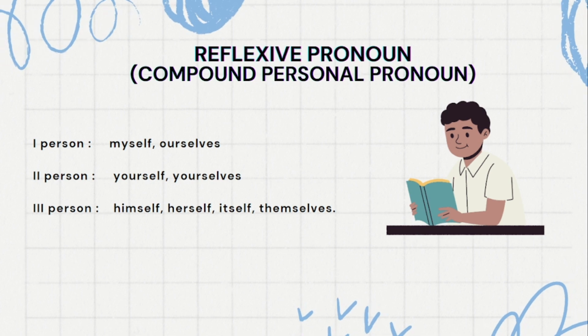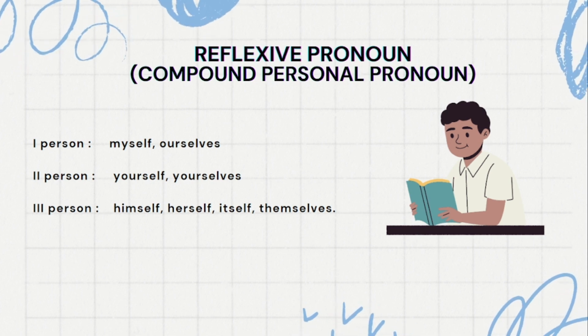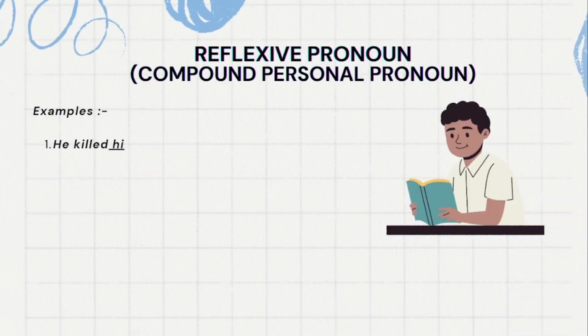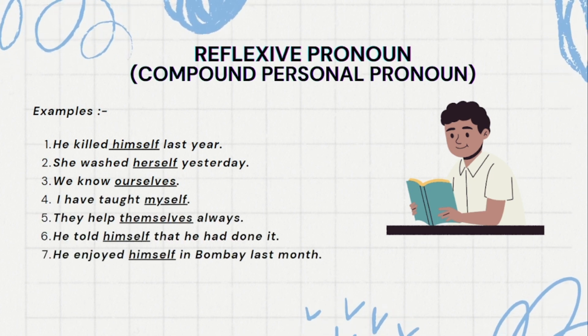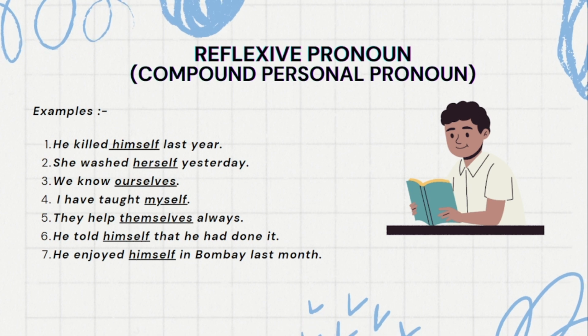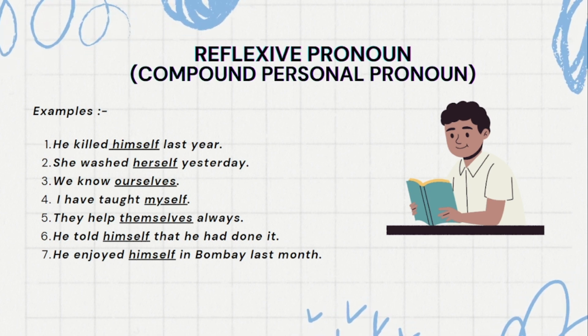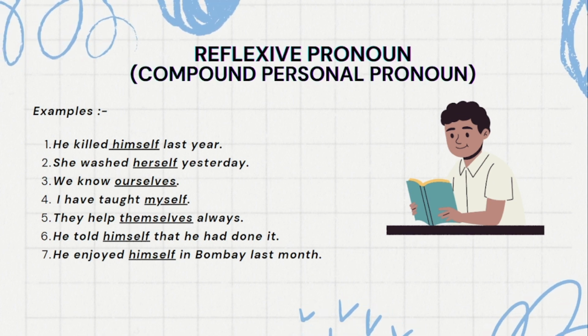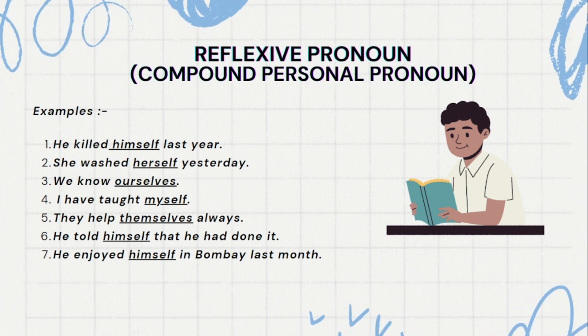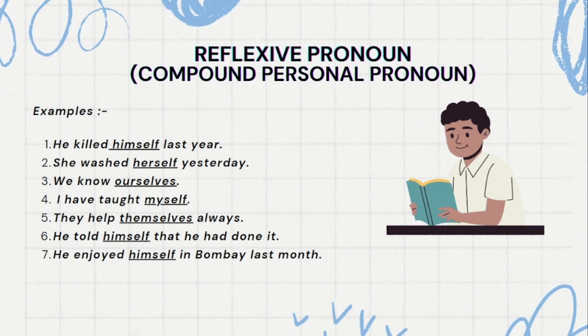Do you understand? Let us discuss the examples. First one, he killed himself last year. In this sentence, subject is he, killed is the main verb. Then find out the object in that sentence by using any one of the question words.